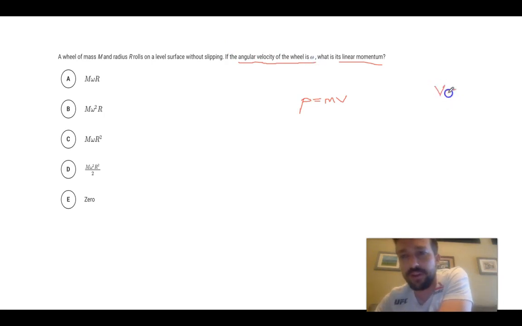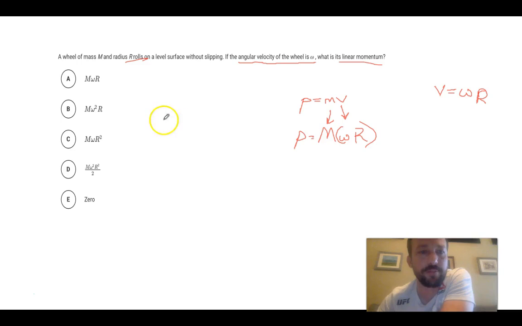Well, if I want linear velocity, it's just omega times r, which it told us the r is capital R, so I should probably use a capital R. And there's my linear velocity. And my mass is big M. So big M omega R. There's my mass. There's my linear velocity. And we're good. So that would be the first one, A.